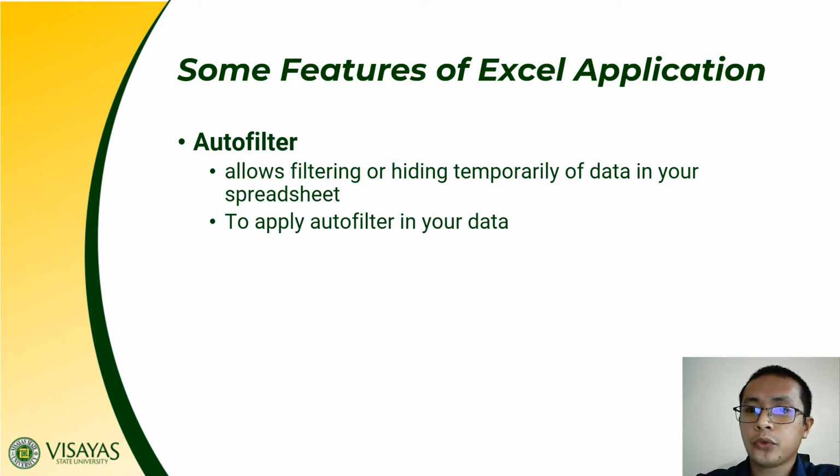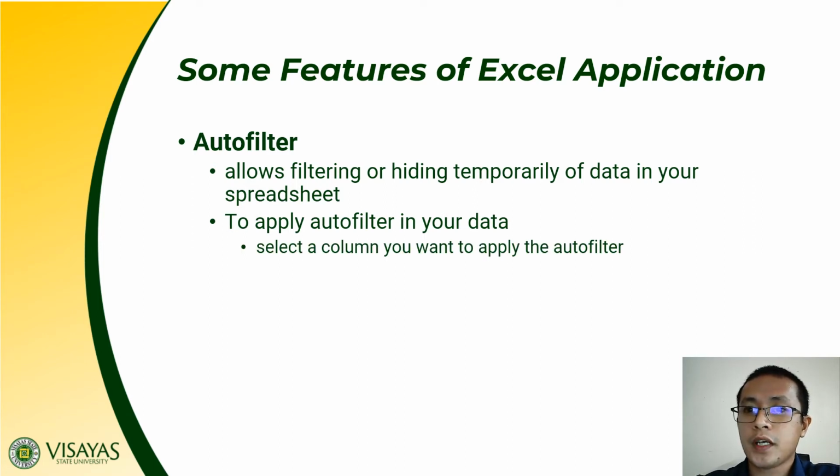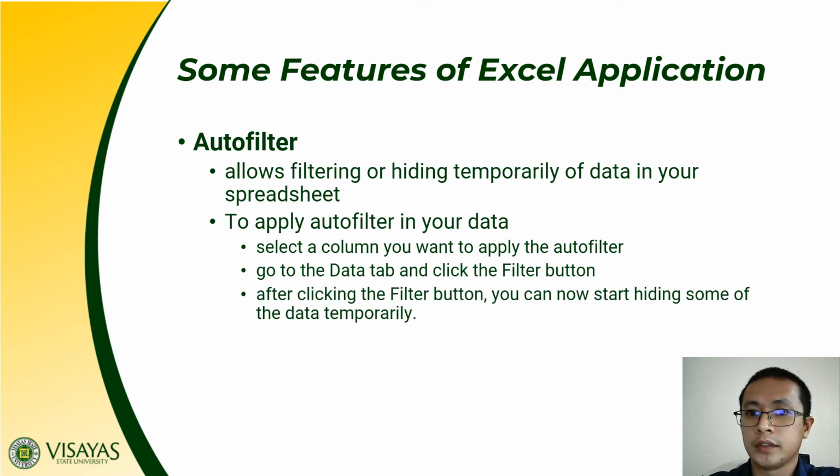To apply auto filter, you are going to select a column where you want to do auto filter. Say for example, in your names column, you want to filter your data using their names or family name, then select that column, go to the Data tab and click the Filter button. After clicking your filter button, you can now start unchecking those data which you want to hide.